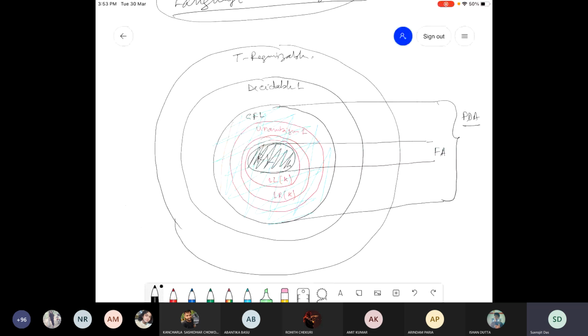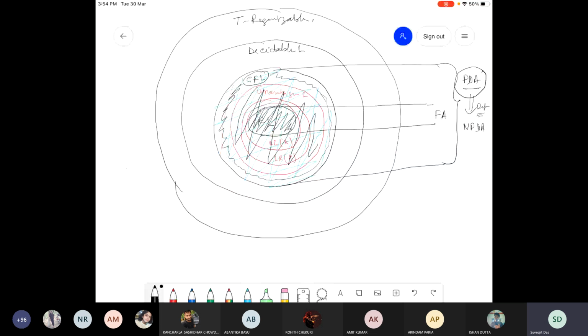Remember, by this Venn diagram, context-free languages can be ambiguous. This portion can be ambiguous languages, and only the unambiguous portion is covered by this red circle. I had given you questions also on this Venn diagram. The machine completely equivalent to context-free languages is pushdown automata, and by default I mean non-deterministic pushdown automata.